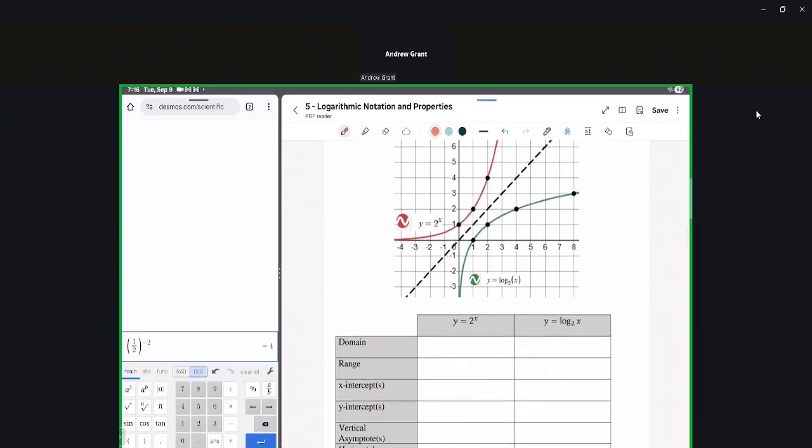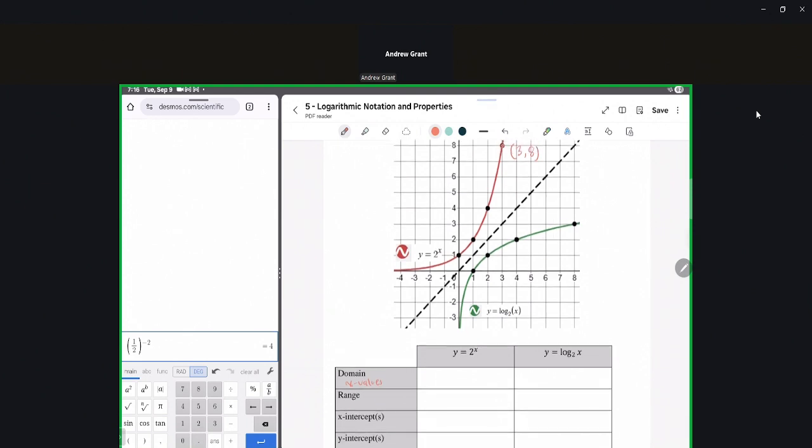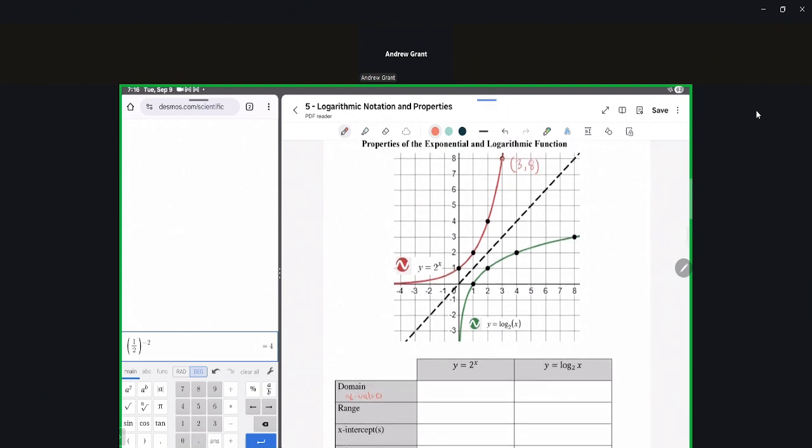Okay, so let's talk about the domain. The domain refers to what x values you are allowed to have. If you have a look at this red curve here, as far as x values are concerned, we would continue all the way out to negative infinity.